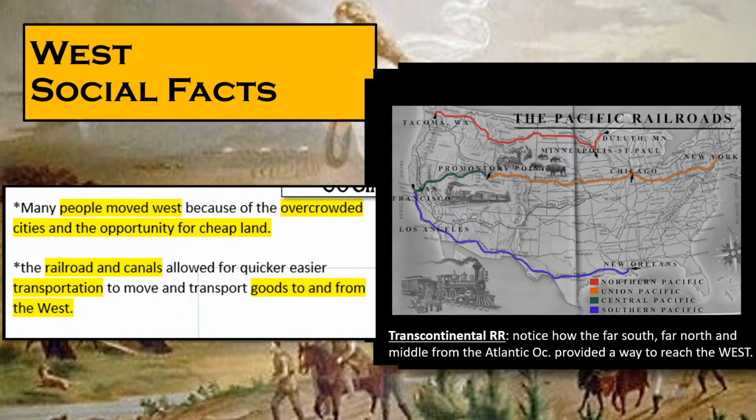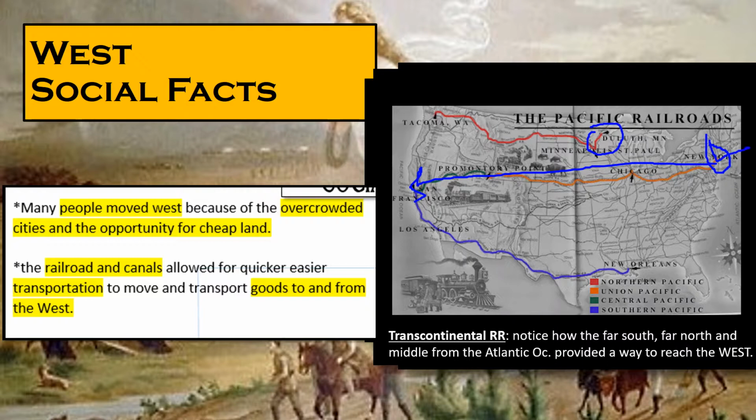And so here you see the Transcontinental Railroad. Okay, big railroads that revolutionized what we do as far as transportation. They were able to reach the far south, the far north, and the middle from the Atlantic Ocean, providing a way to reach the West. So from New York, you would be able to reach San Francisco, and from the East Coast.